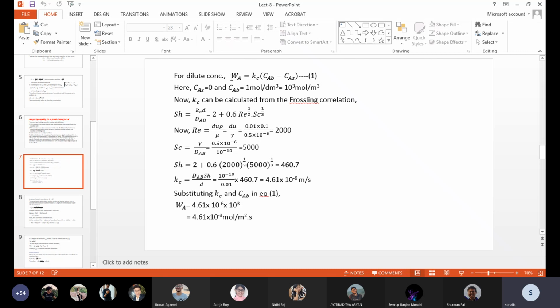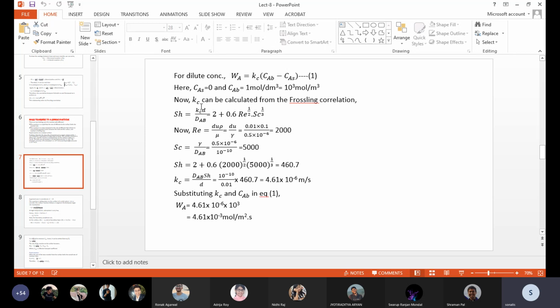Kc we do not know; Kc value is not given. CAB value is given, 1 molar. 1 molar is 1 mole per decimeter cube, that is 10 to the power 3 mole per meter cube. And CAS is 0. As soon as A is reaching the surface, it is reacting. So CAS is 0, and WA is equal to Kc into CAB.